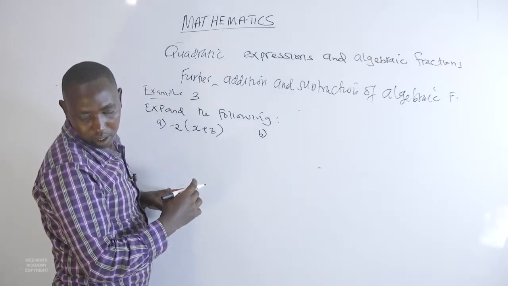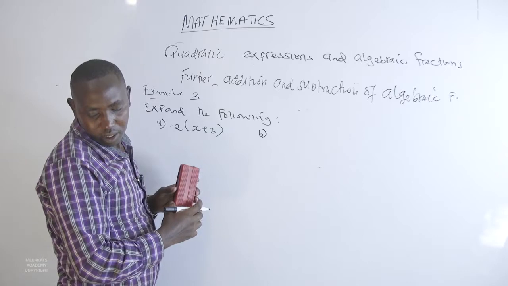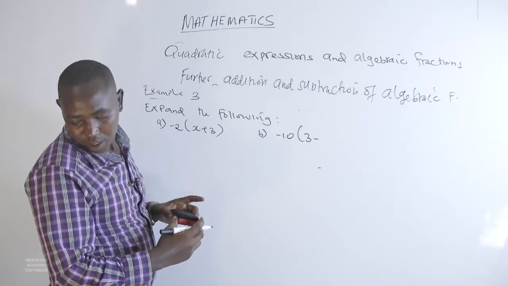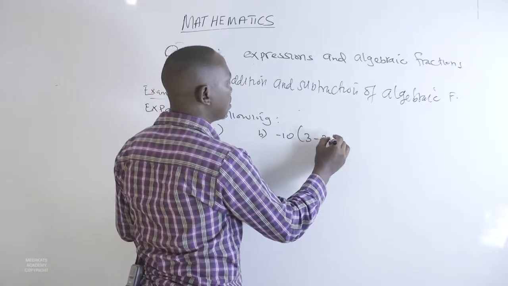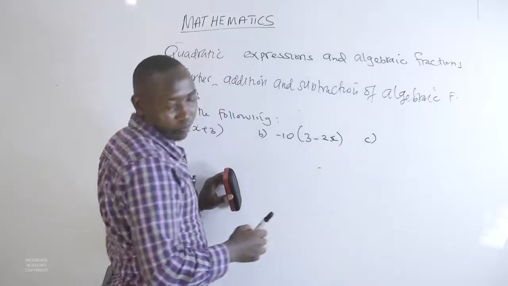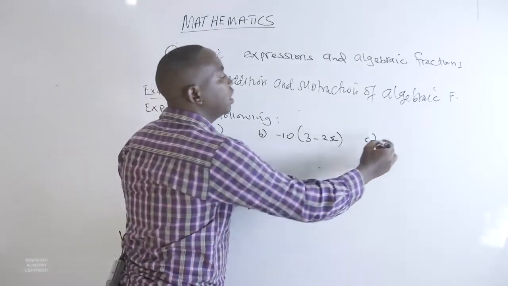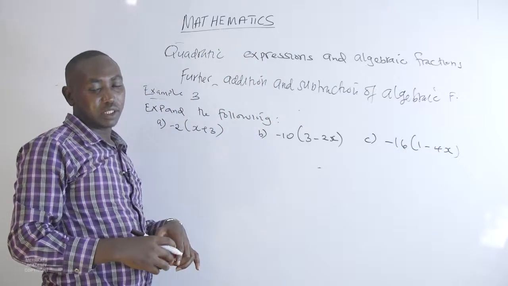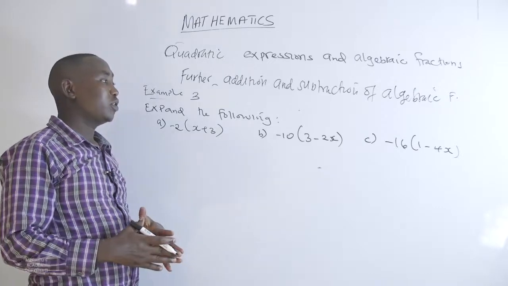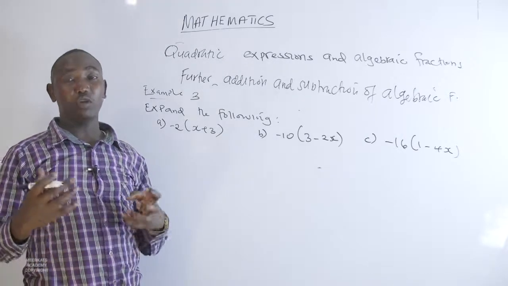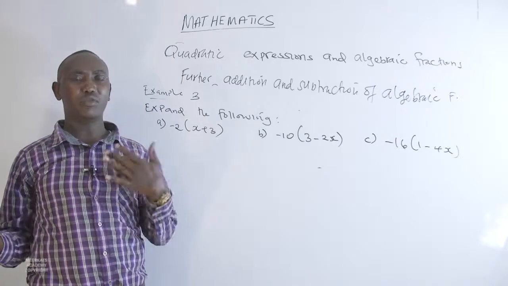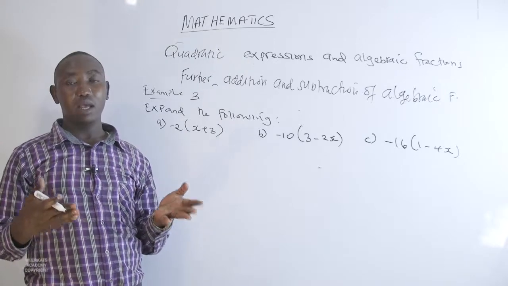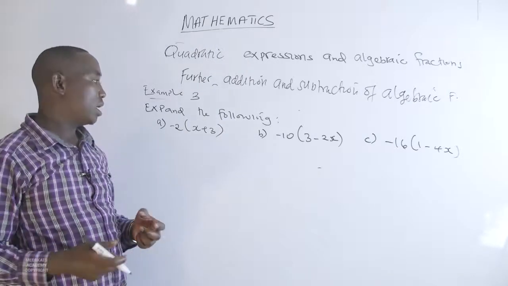B: negative 10 into 3 subtract 2x. And C: negative 16 into 1 subtract 4x. It is very important for us to know how to expand before we proceed, so that you know the play between negative and positive numbers and what happens when we have a product of different signs and a product of the same signs.